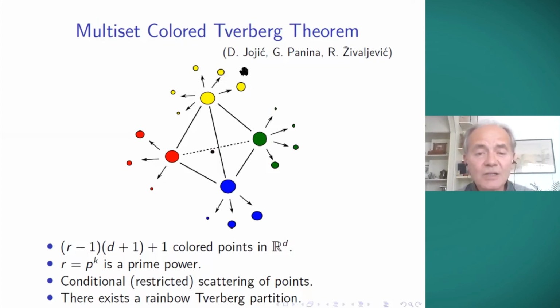So you cannot arbitrarily scatter all points. Instead, you make small or slightly bigger clusters and then randomly distribute them, and then you have a conclusion.